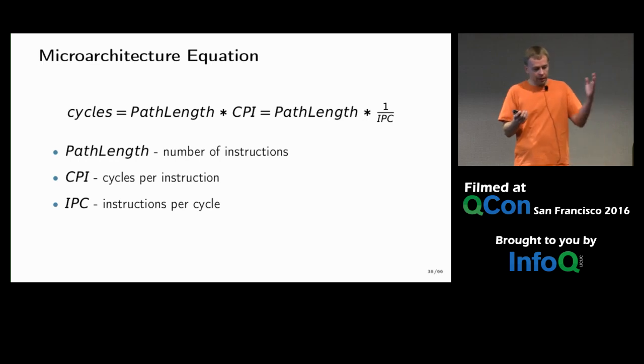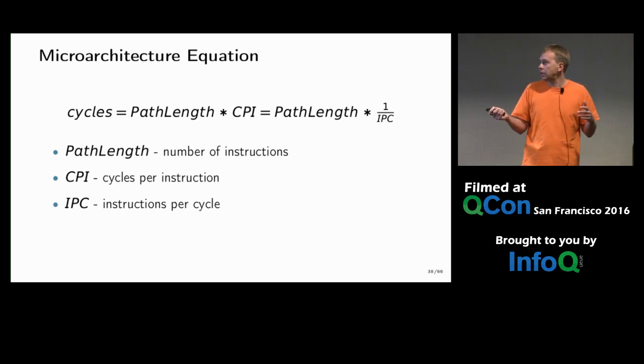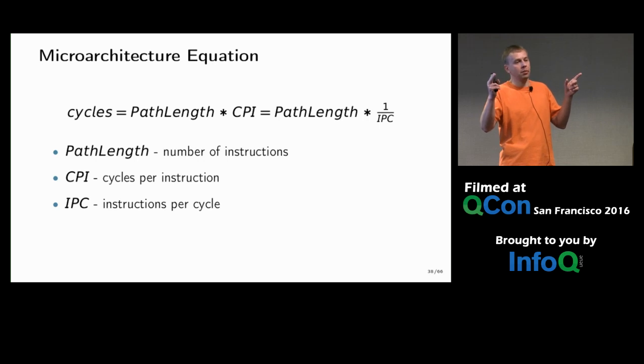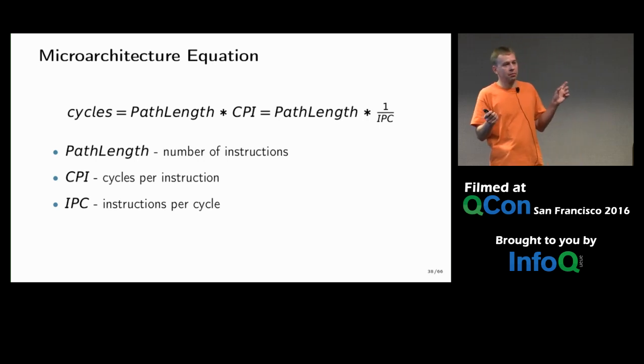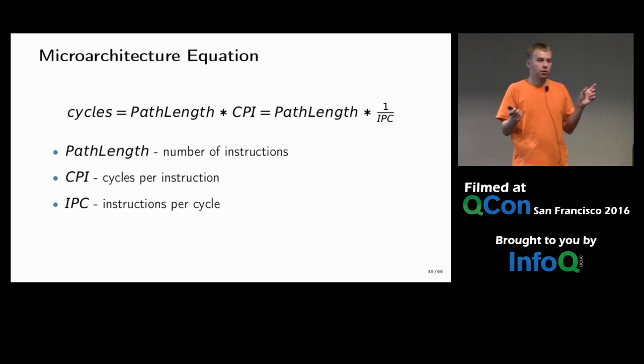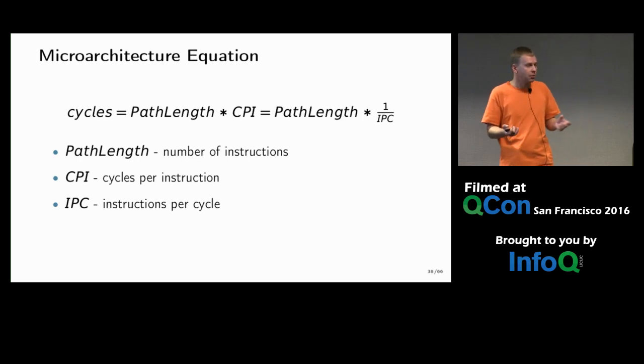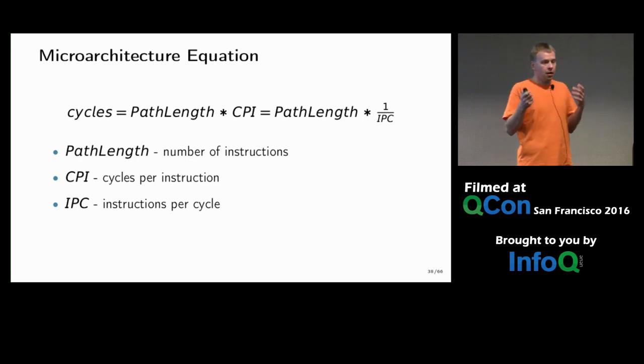And usually, if you collect statistics about an application, there is an equation: the total number of cycles is the path length, just the number of instructions which you need for some operation, multiplied by CPI, the average number of cycles spent per instruction. Some guys use another metric, IPC, but it's almost the same, just inverted.